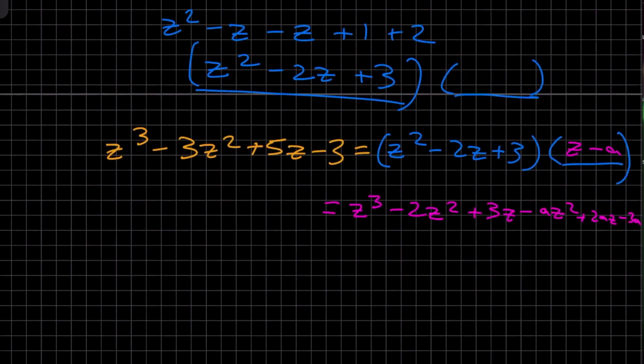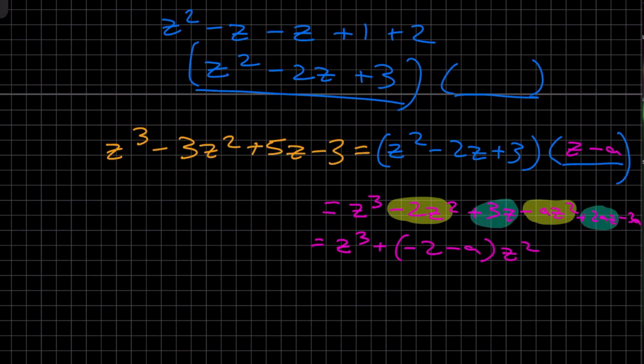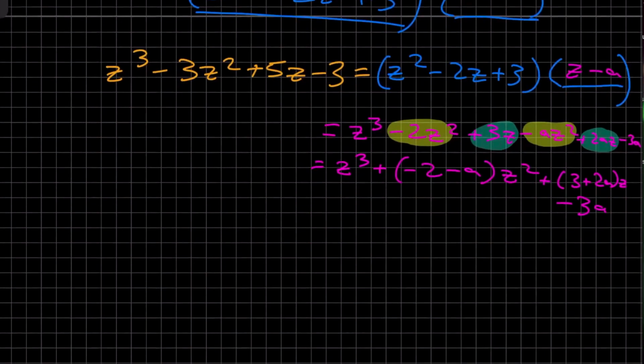If we group our terms over here, we'd get z³, and we can group our z² terms. That would give us (−2 − a)z², and we can group our z terms over here. This would give us (3 + 2a)z and −3a. So if we equate our coefficients, for example, −2 − a, which is the coefficient of our z², we can equate it with the coefficient of z² found over here in our expanded form.